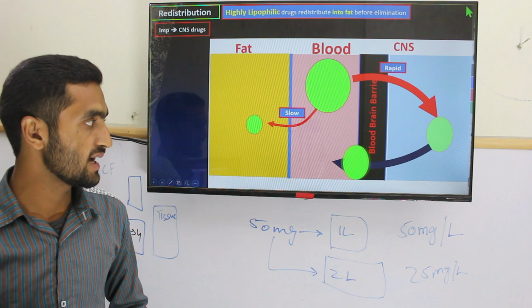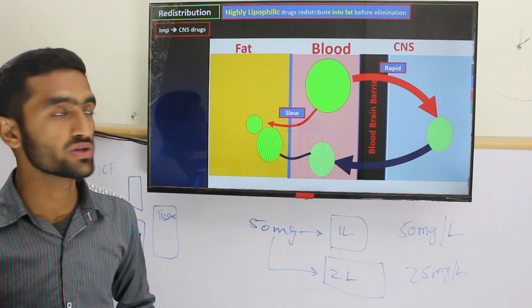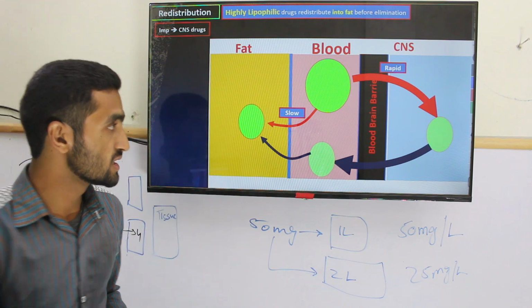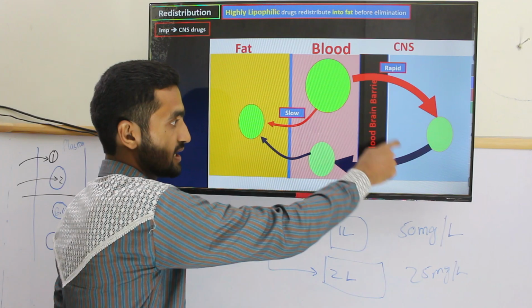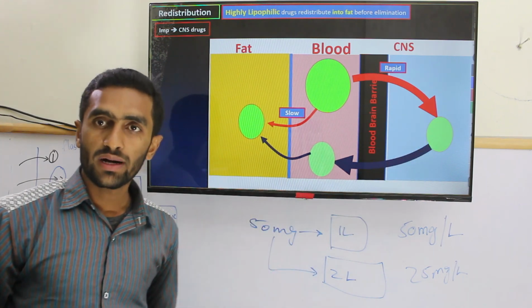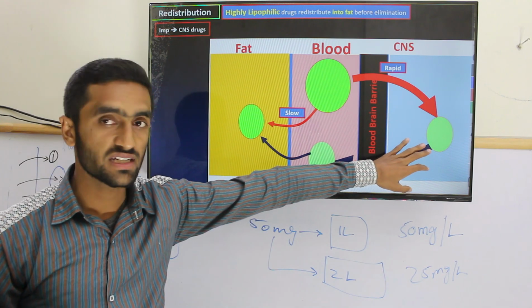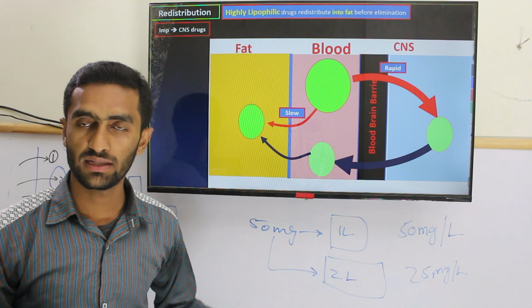So after this the drug can be distributed to your fat. This process was the first distribution. This red line shows the redistribution. It's coming back. So as this drug comes out of the CNS, the patient comes out of the anesthesia.